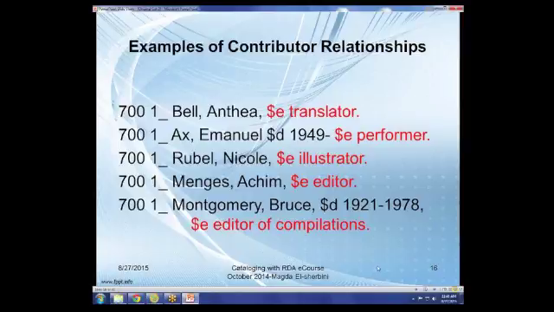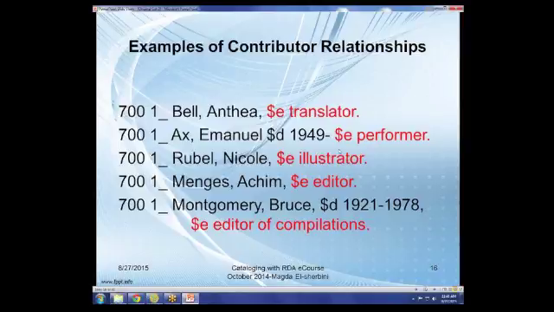So again, these are all potentially, in the red text, terms that you may see appearing in imported MARC records, or even that you can use yourself if you feel it to be necessary.